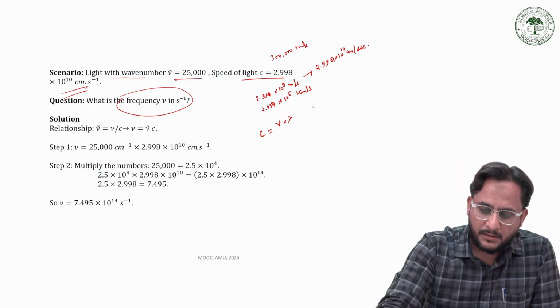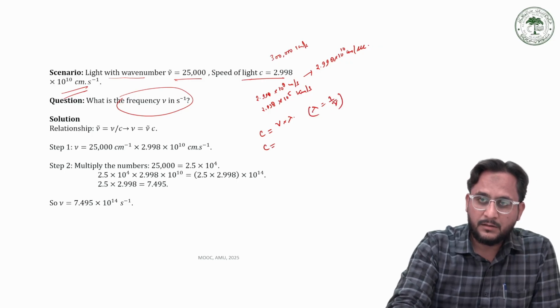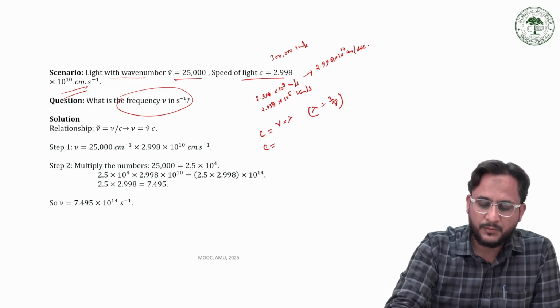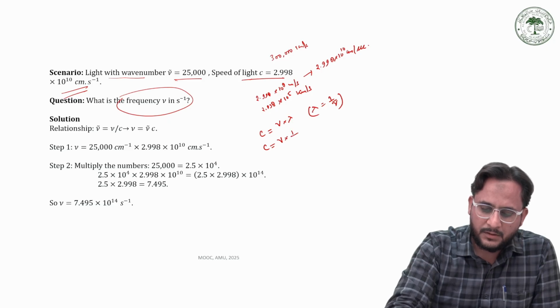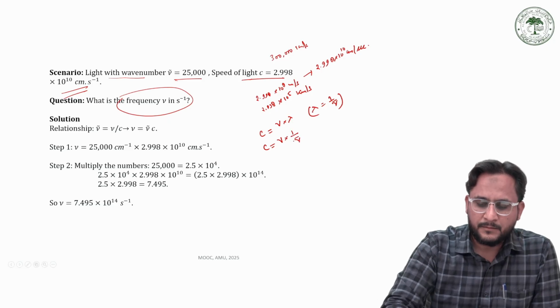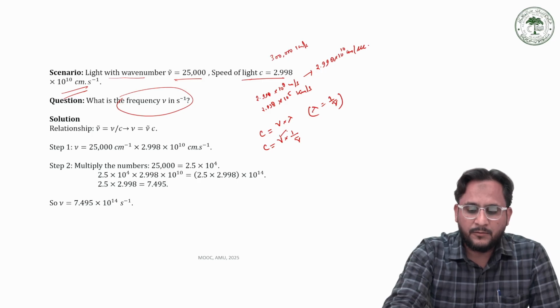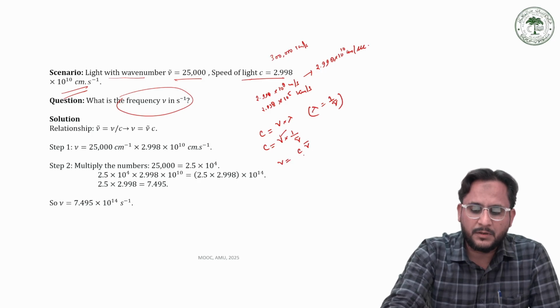And since lambda is equal to 1 upon nu bar, the wave number, because they are reciprocal, we convert this equation into the form of wave number. So this is speed of light, then we have frequency, and then lambda is replaced with 1 upon nu bar. We cross multiply, the wave number comes here, and the equation becomes nu equals c nu bar. Now frequency is being asked. Frequency will be equal to c into wave number.